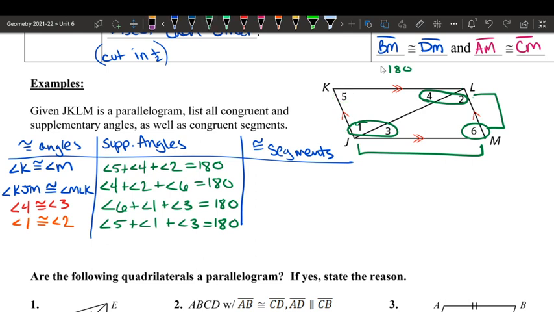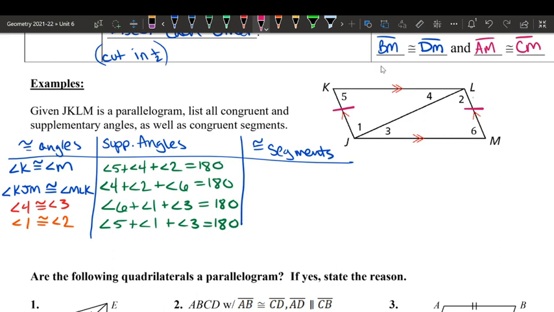And then the last section that I need to list is congruent segments. So for congruent segments, opposite sides are congruent. Since the diagonals are not marked, only one diagonal is marked, not both of them, I only need to worry about the left and the right sides. So I can say that angle K is congruent, no, not angle, I'm not talking about angles, sorry.